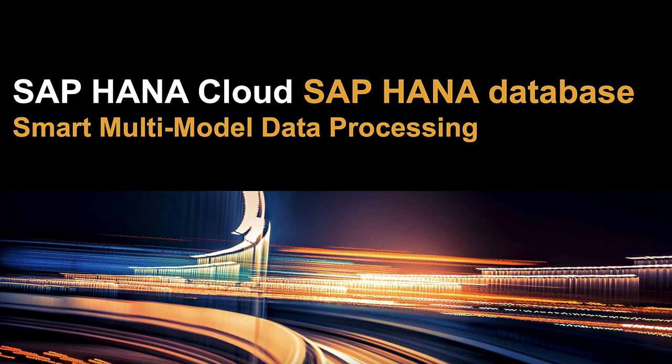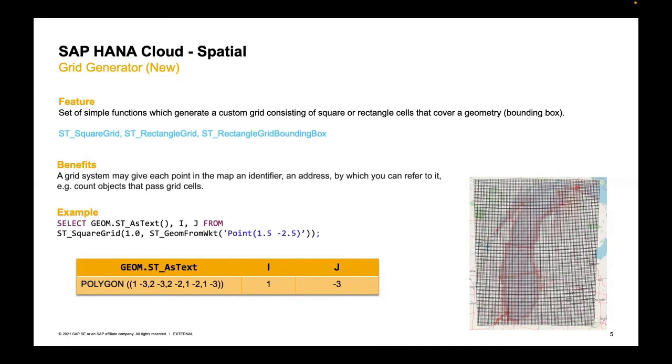Thanks, Thomas. Hello, everyone, and welcome also from my end. I will talk a bit about the innovations in multi-model data processing with SAP HANA Cloud. Next slide, Thomas. There are a couple of new functions we have introduced for spatial processing.